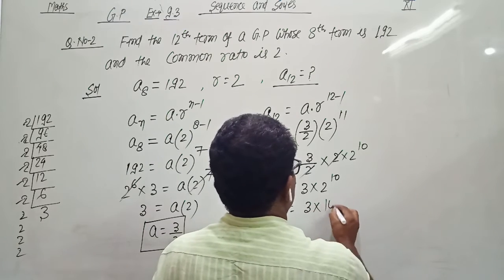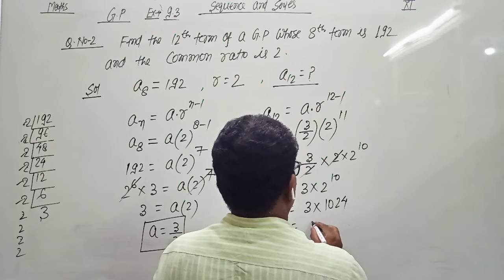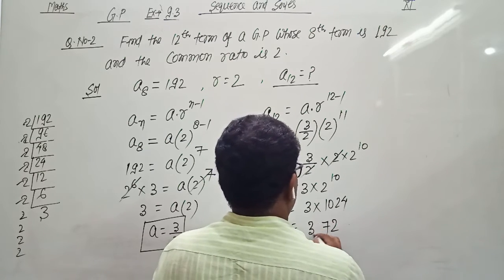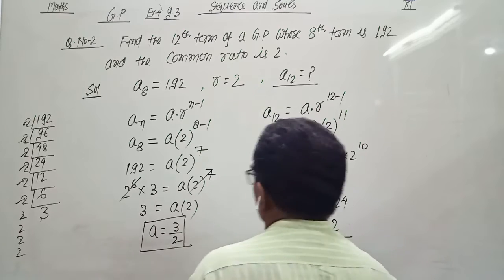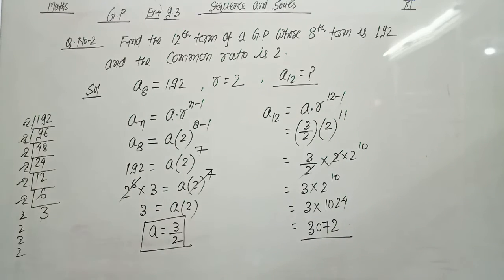So 3 into 1024 and by multiplying we get 3072. So the 12th term of the GP is 3072.